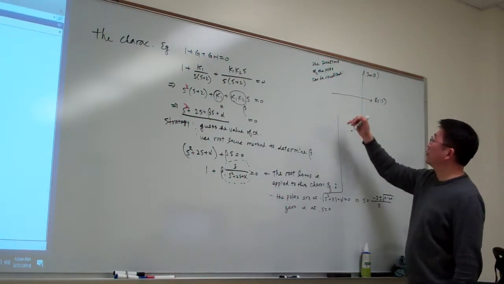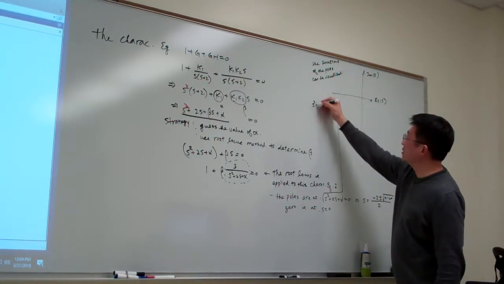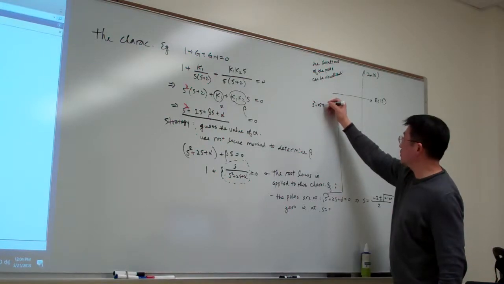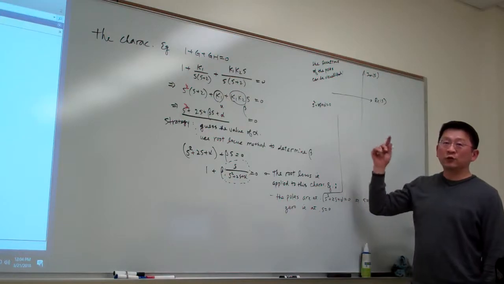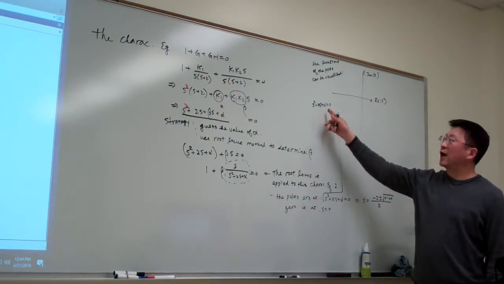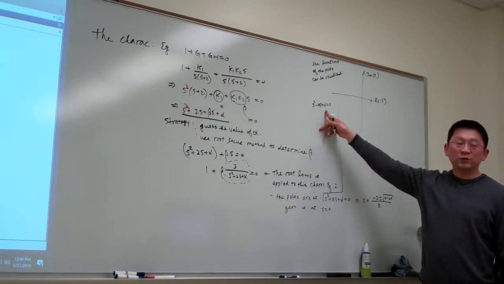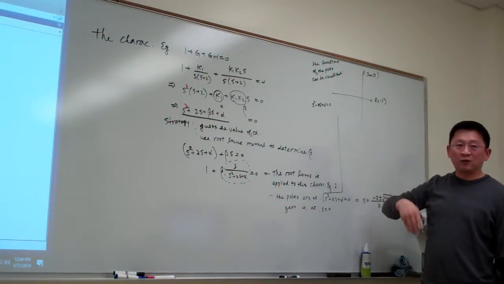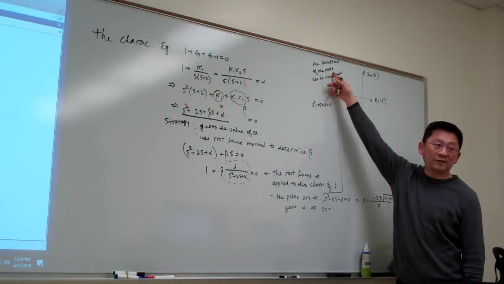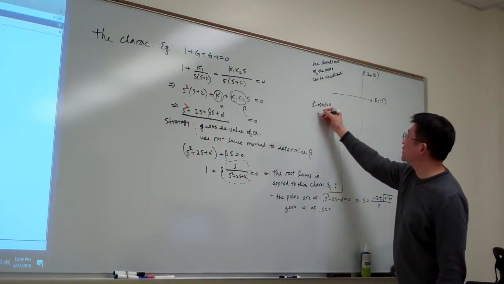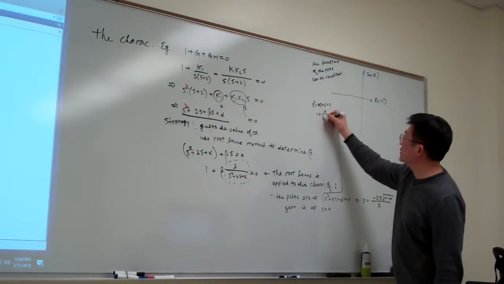The location of the poles is determined by s squared plus 2s plus alpha equal to 0. Using the root locus method here, once we plot it, we get the collection of points that allow us to visualize the location of the poles. So for this case, you can see 1 plus alpha over s squared plus 2s equals 0.